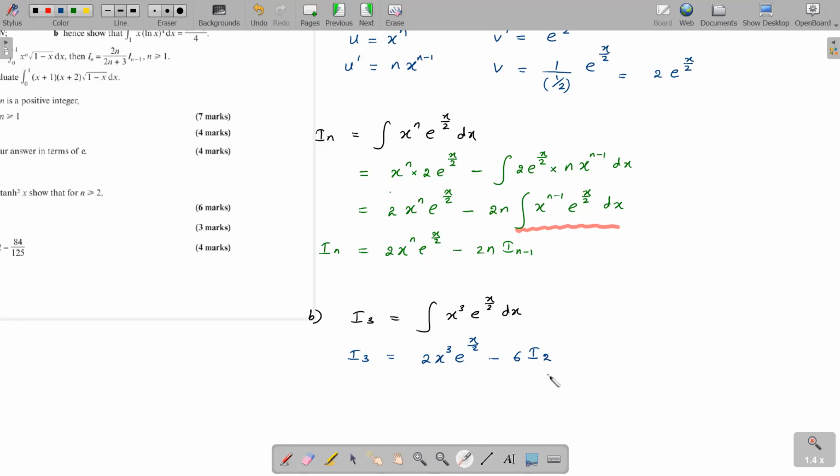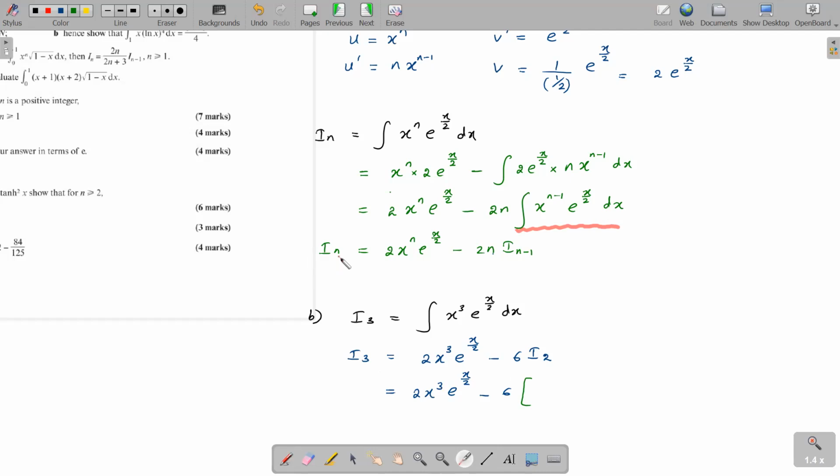Now we find the value of I_2. How do I find I_2? Go to this exact same equation and replace n with 2. So I_3 is 2x^3 e^(x/2) minus 6 times I_2. Again you come back to this equation.